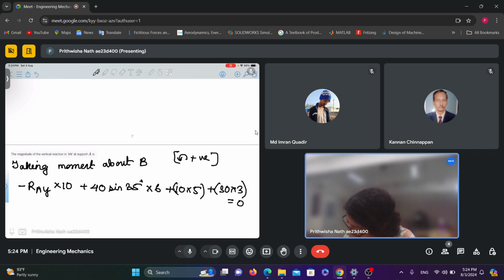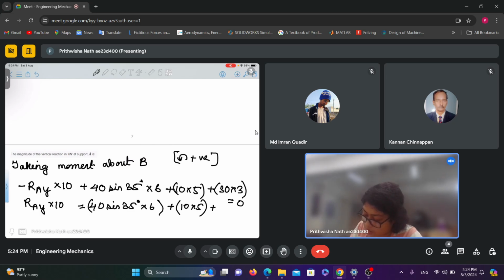So from here, I can find out the vertical component of reaction force at A. So RAY into 10 equals 40 sine 35 degree into 6 plus 10 into 5 plus 30 into 3.